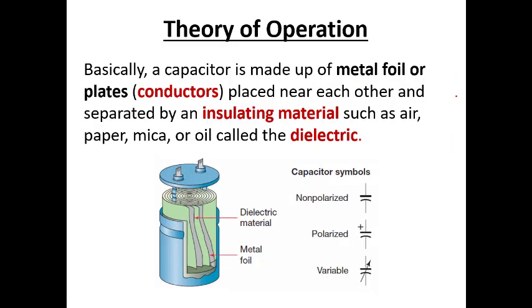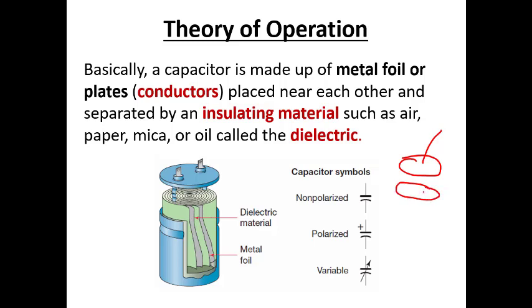All right, so how do we make a capacitor? The capacitors that are in this cylindrical shape are made by taking a metal foil or plates and placing them near each other and separating them by an insulating material, such as air, paper, mica, oil. This is called the dielectric. So what we have here is, to make a capacitor, we take a conductor, and here I'm showing it as a metal plate.